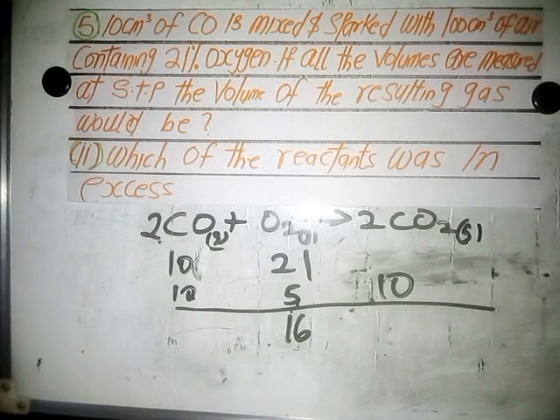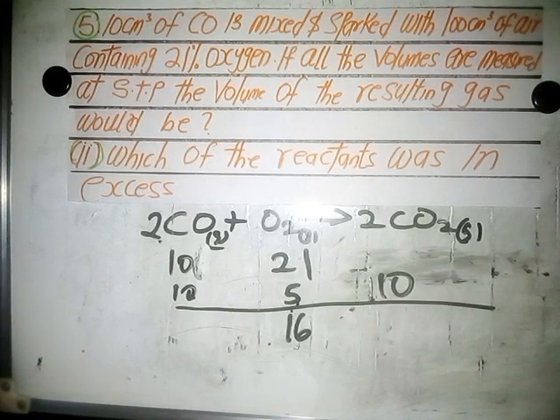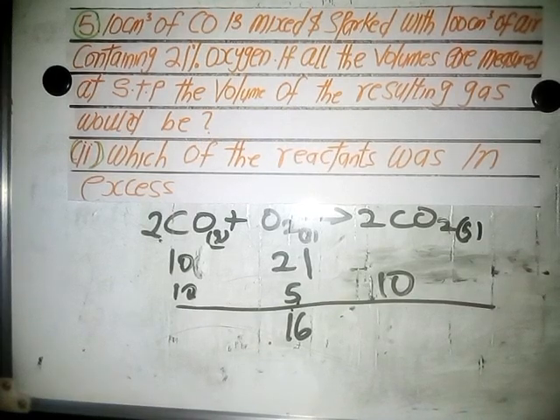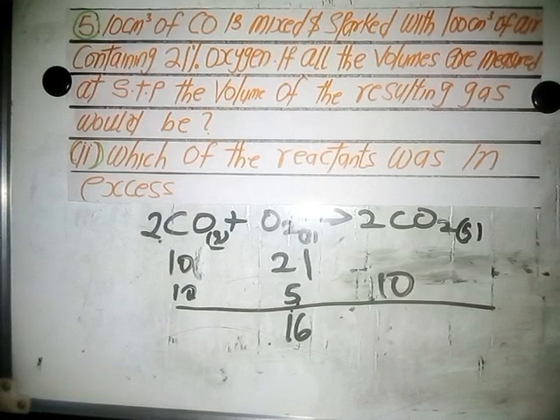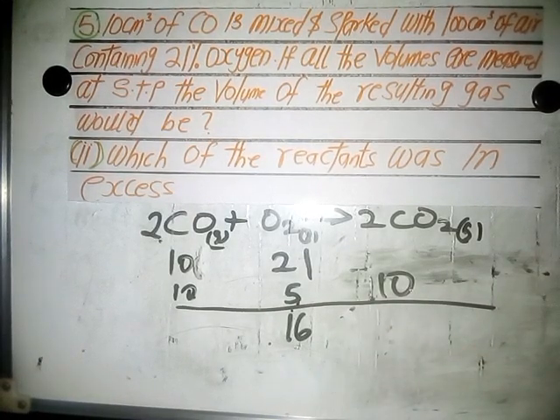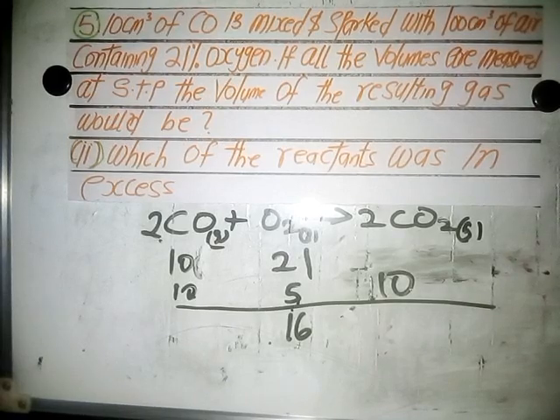Like I said, it is the volume of the product plus the volume of the unreacted gases. Well, in this case, if you say 10 plus 16, your answer will be wrong. Unlike the previous question, where it was correct.